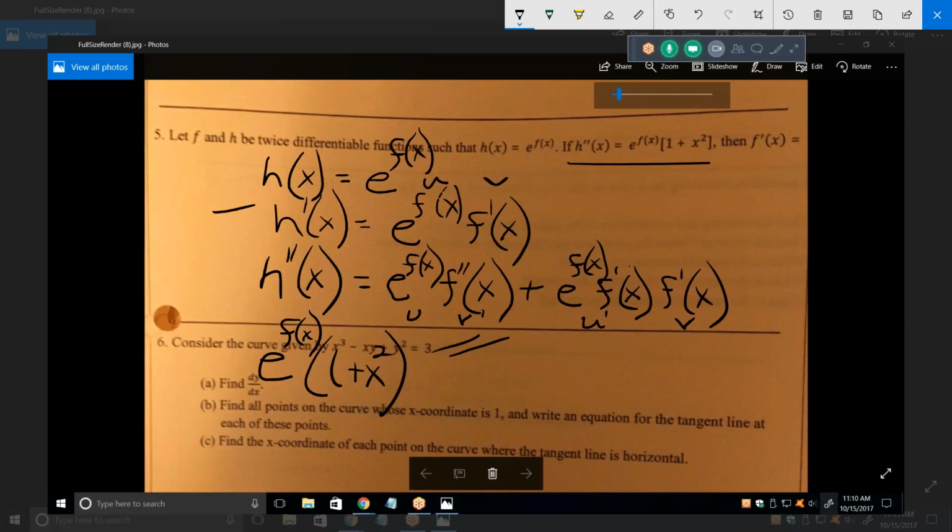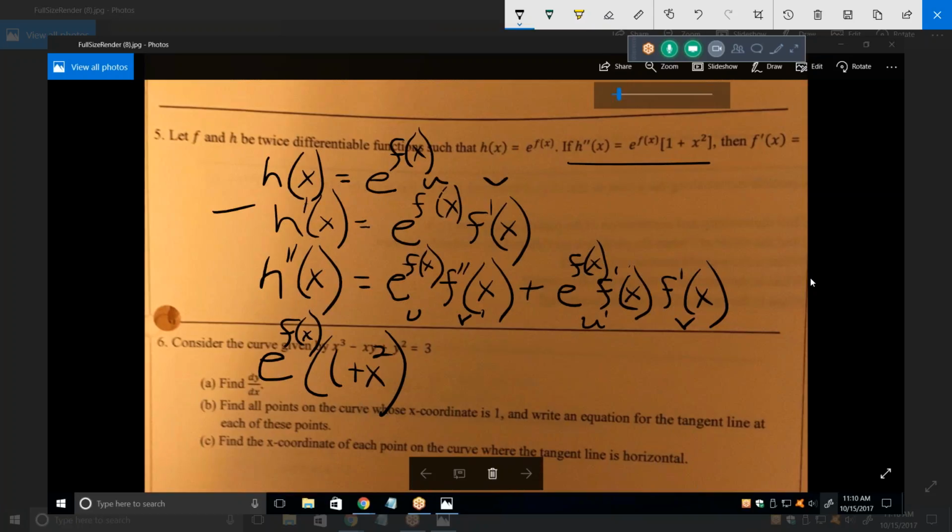Well, let's take that whole thing we started with and factor out. What can we factor out from where I'm pointing here with my cursor? From that, what can we factor out? An e to the f of x.